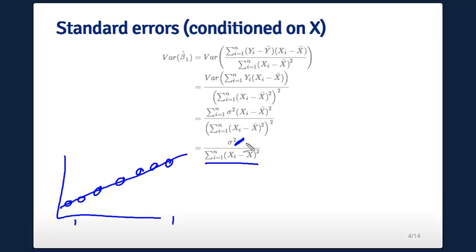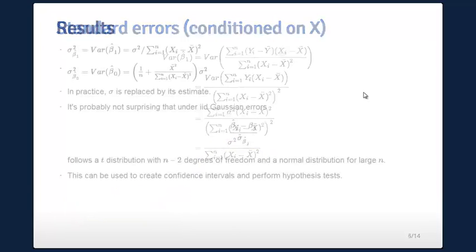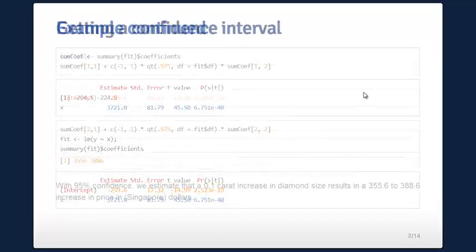The residual variation relative to the x variation is very small. And that's what we think of when we think of a great, very nicely fitting regression line that should be well estimated. And I think the diamond example looks pretty much like that.